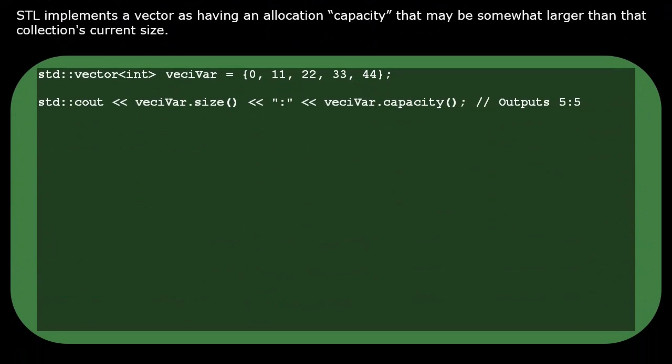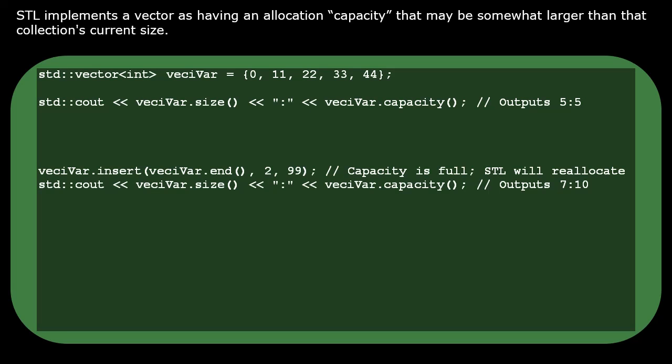STL implements a vector as having some allocation capacity. In this example, STL allocates a capacity of 5 integers for the vector and then fills all 5 of them with values. When the programmer later requests insertion of 2 more items, STL automatically detects that there isn't enough space for 2 more.